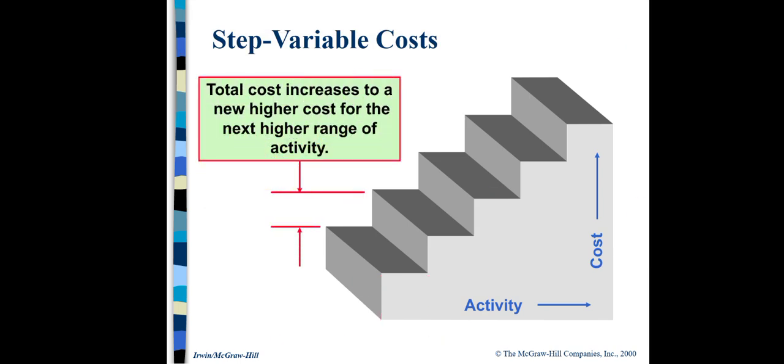And then the next step, total cost will increase to a new higher cost for the next higher range of activity. Jadi semakin meningkat aktivitasnya, maka akan semakin meningkat juga variable cost-nya secara total.